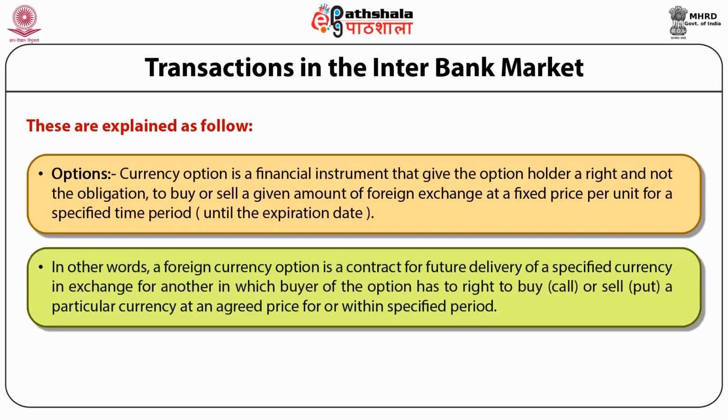Or in other words, we can say a foreign currency option is a contract for future delivery of a specified currency in exchange for another currency in which the buyer of the option has the right to buy, which is called call, or sell, known as put, a particular currency at an agreed price for or within a specified period.